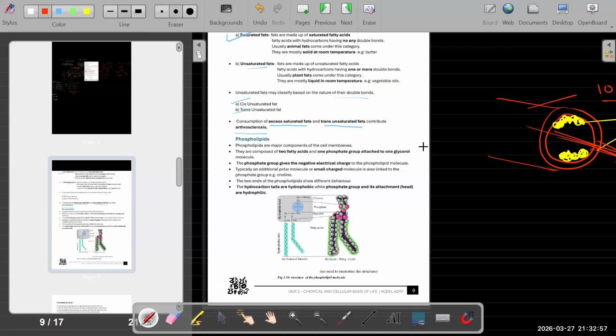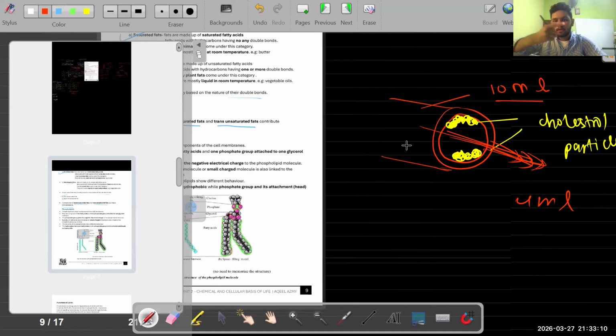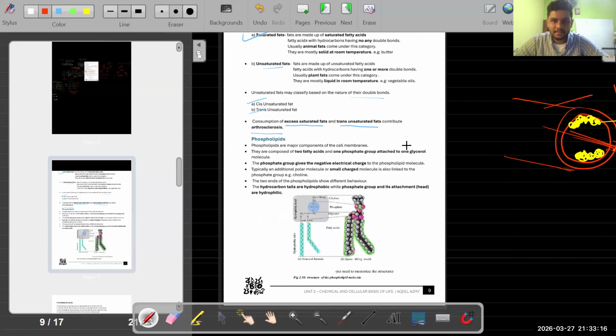Yes, sir. Now you might ask, is this condition said to be atherosclerosis? Now you are saying about heart attack, right? Atherosclerosis means the accumulation of fat in the walls of blood vessels. This accumulation is called atherosclerosis.